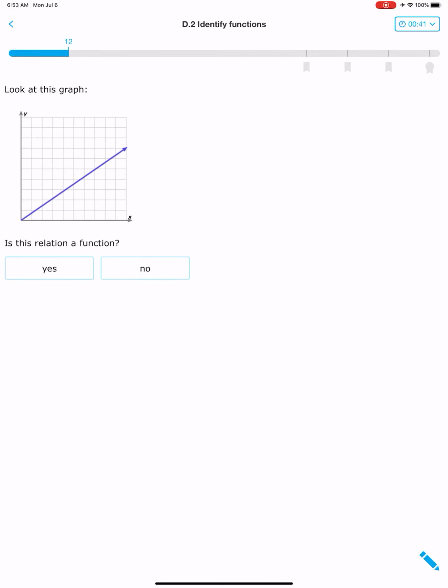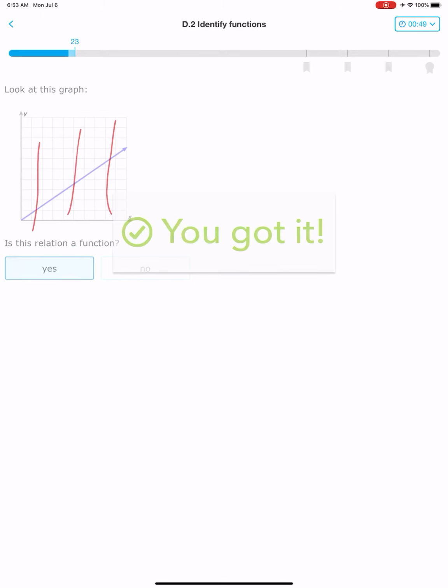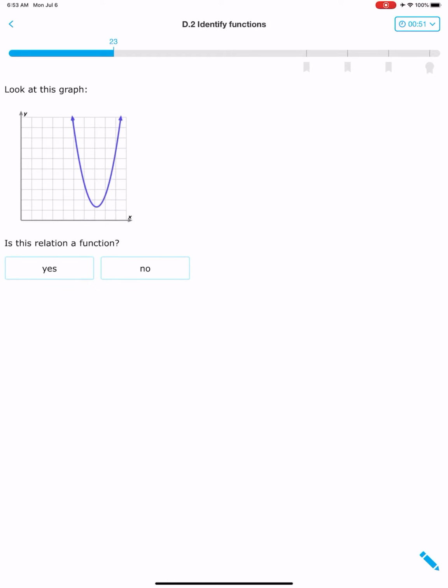This is also a function because if I did the vertical line test, I cannot hit any 2 points. This is also a function. I cannot hit any 2 points.